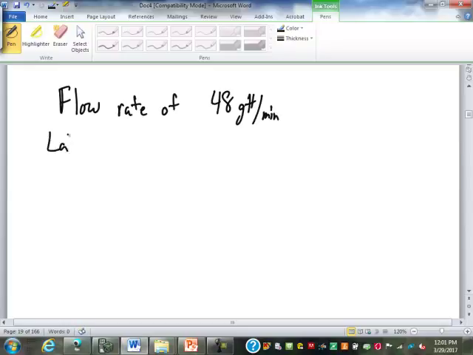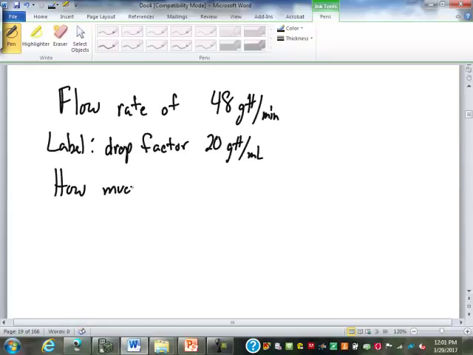Our label states that we have a drop factor of 20 drops per milliliter. So how much will be infused in 7.5 hours?